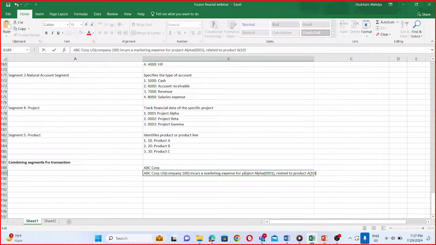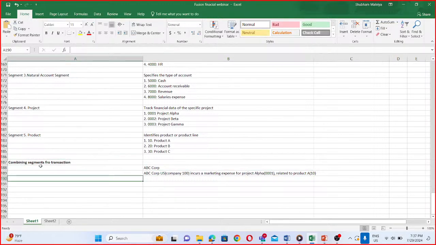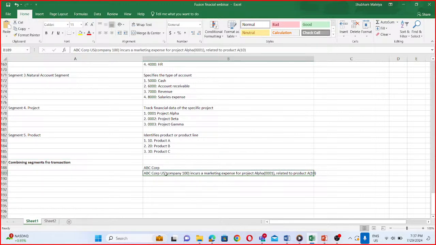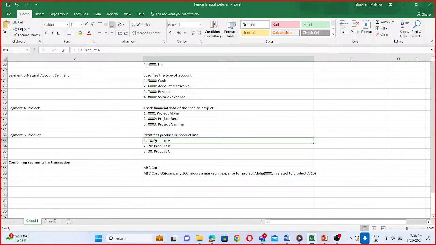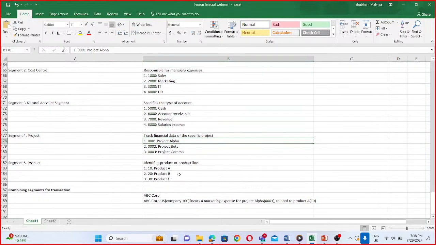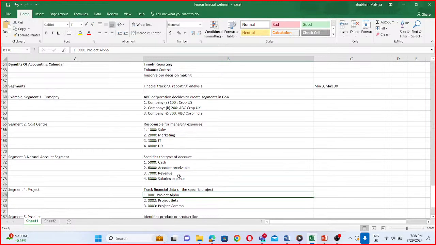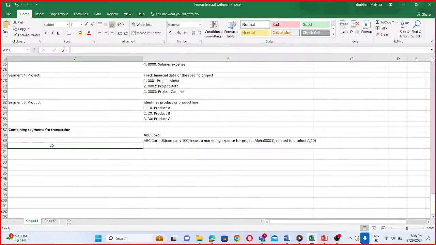So that is why we combine the segments for a transaction. This is our project Alpha, and we have ABC Corporation located in US, whose code is 100. So we combine the segments for a financial transaction.